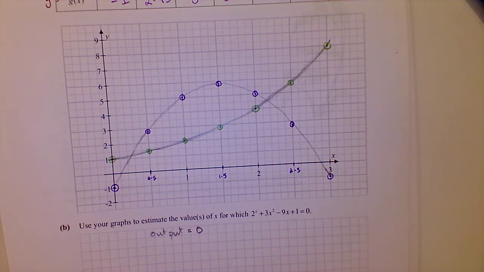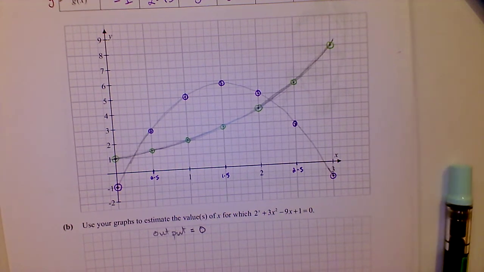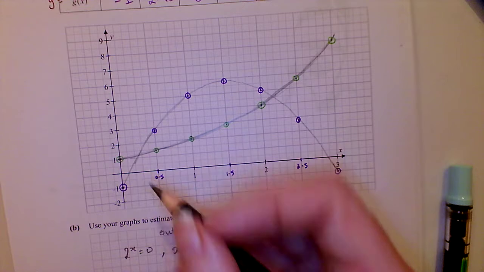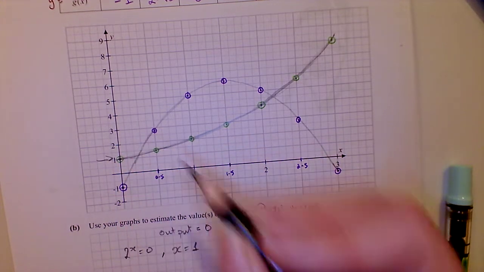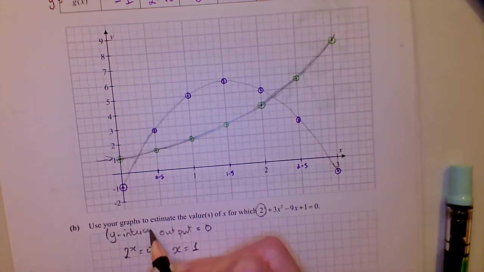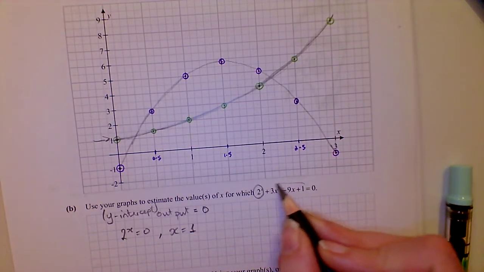So the y values equal to 0. Now, the interesting thing is, we know that this 2^x is equal to 0 when x is equal to 1. We're looking at our y-intercept. So output equal to 0, our y-intercept. And we've got this part equal to 0.